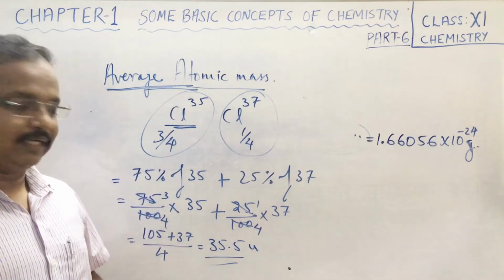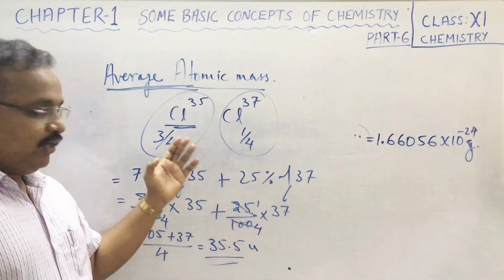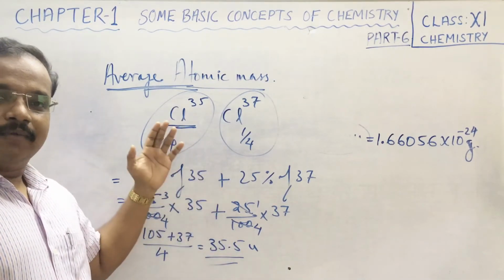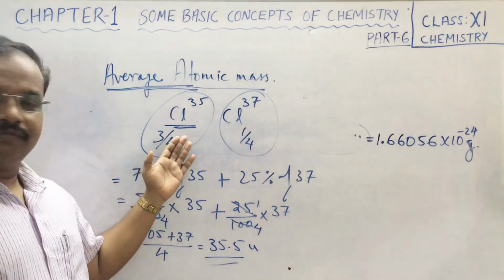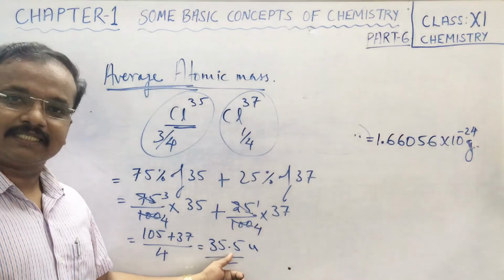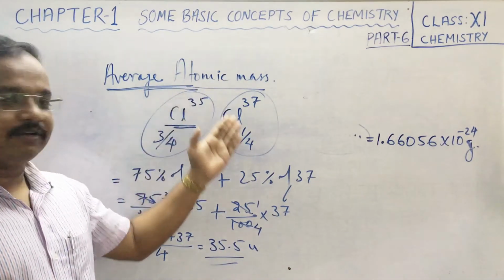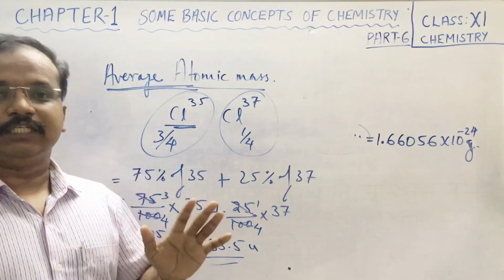That's why decimal masses come when we calculate the average atomic mass of isotopes.